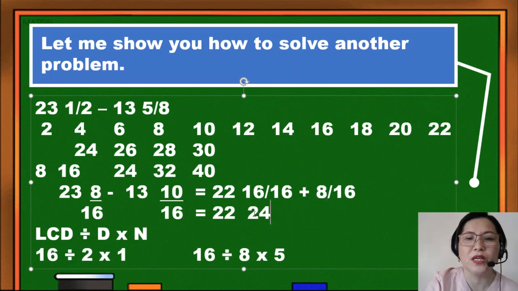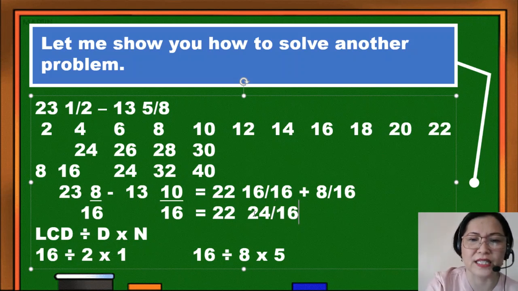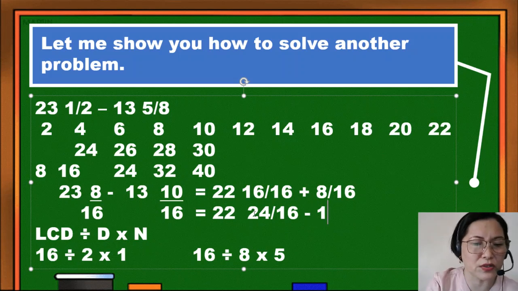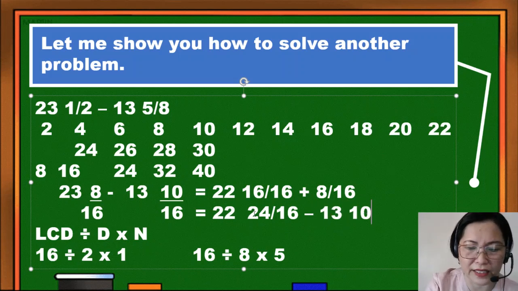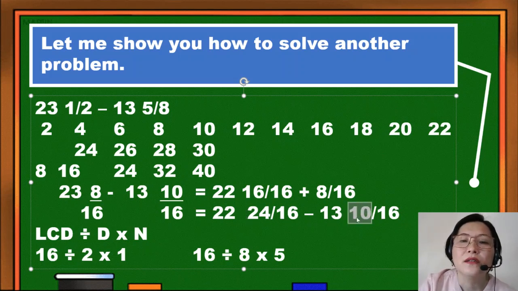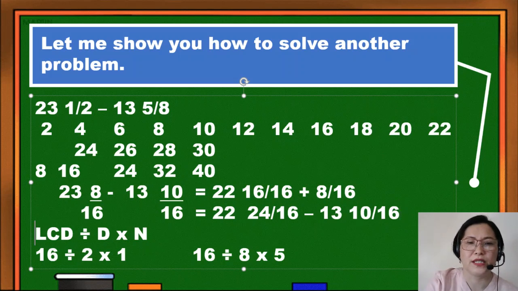So that will be 24/16. 22 and 24/16 minus 13 and 10/16. Okay, so can we now subtract? Yes, because 24 is now bigger compared to 10. So let us now do the subtraction.